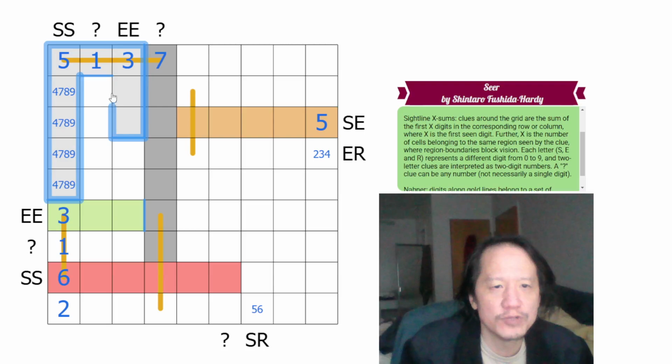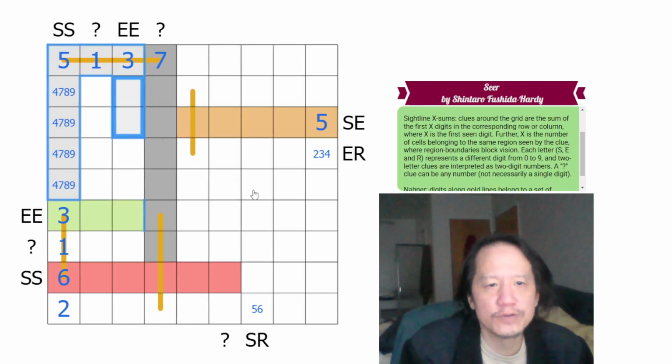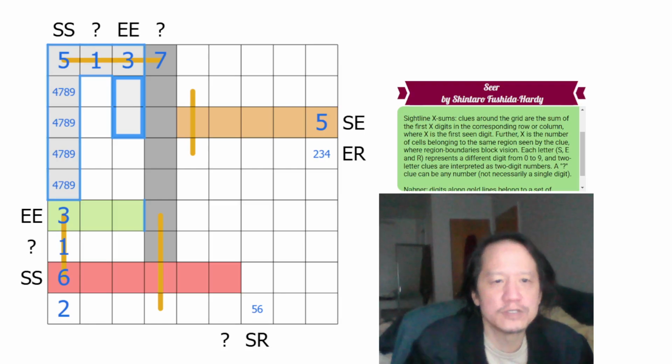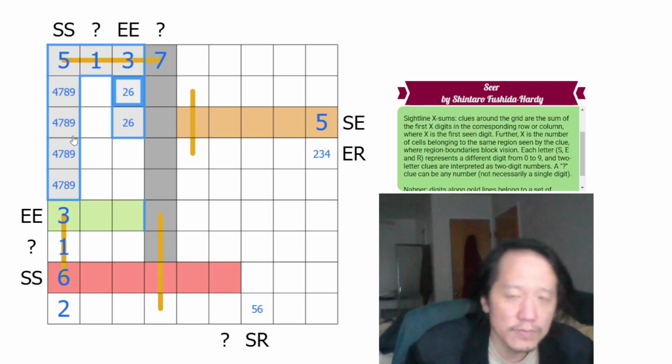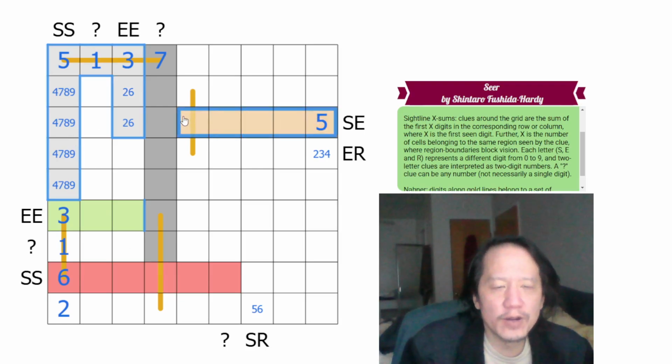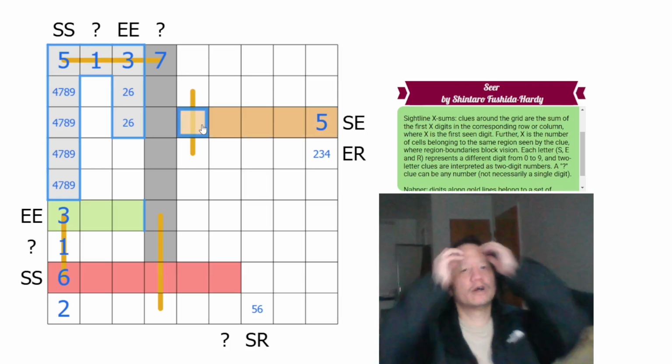for this region. Therefore, this is 2 and 6 here to add up to 11. This, remember, has to be 31. And it's 5 digits adding up to 31. What does that require? Oh.